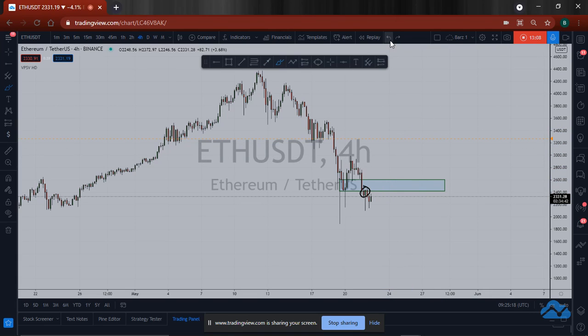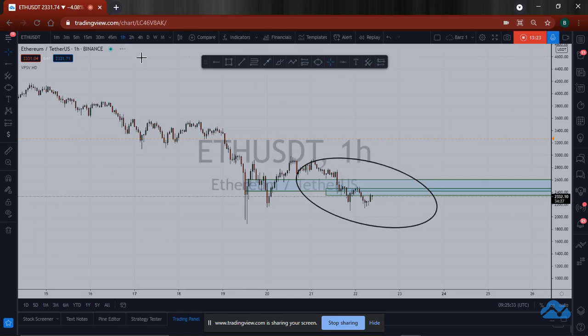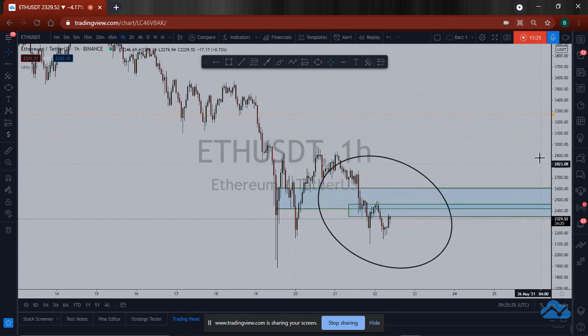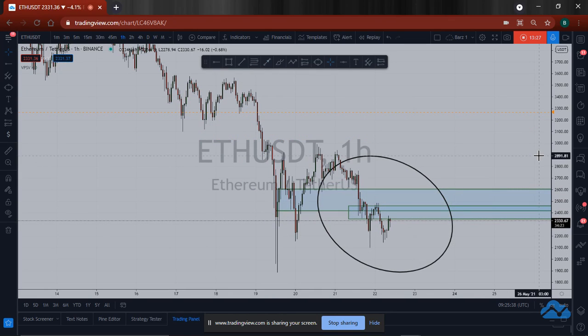So either way, we have to monitor price action around this liquidity that we have here, right? So monitor price action on the 4 hour and also on your 1 hour time frame around this level. So once you get a bullish trading opportunity, then you can look forward to taking buy opportunities back to the upside again.